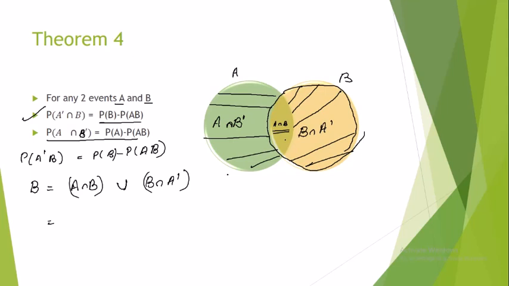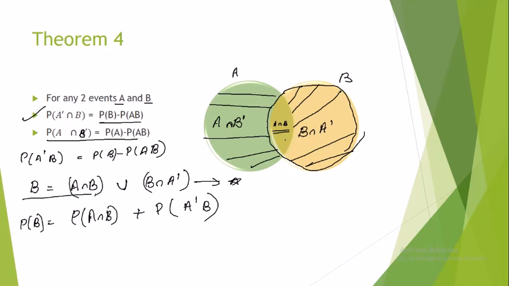Now if you give probability to this equation star, you get what? Probability of B is equal to probability of A intersection B plus probability of A complement B.